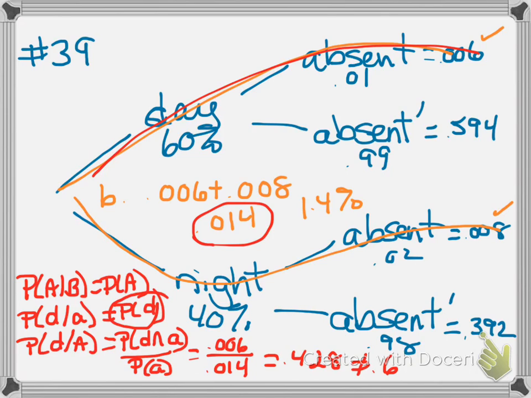Okay, let's go to purple. And let's go do problem number 41 because they use the same chart, okay? So problem number 41 says, what percent of the absent employees are on the night shift? All right, so I hope that you see that this is a conditional probability.